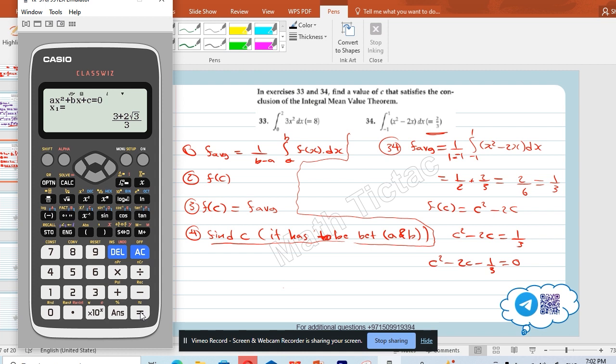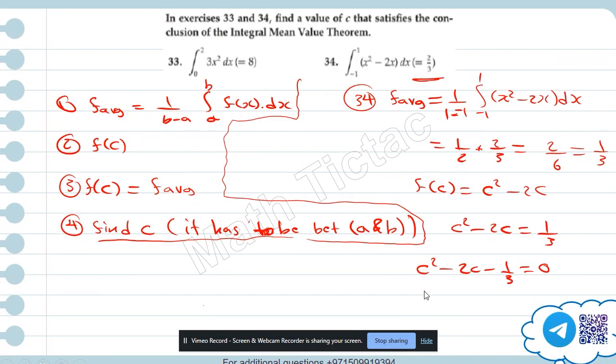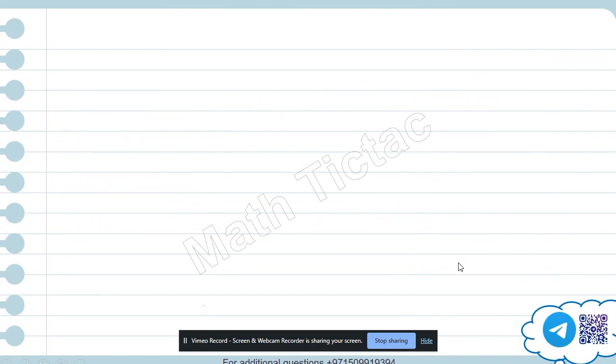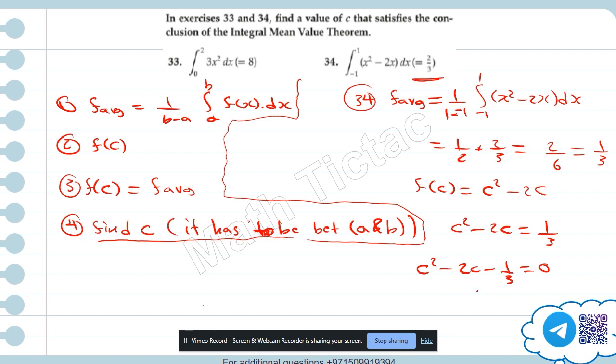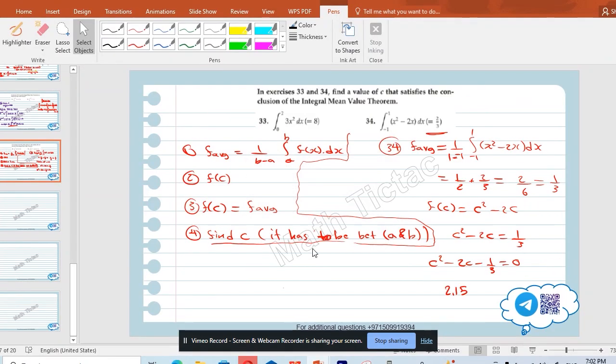So that's it. This is the first value, which is 2.15. And what about the second value?